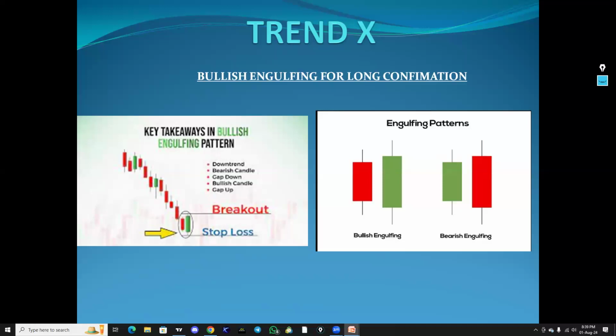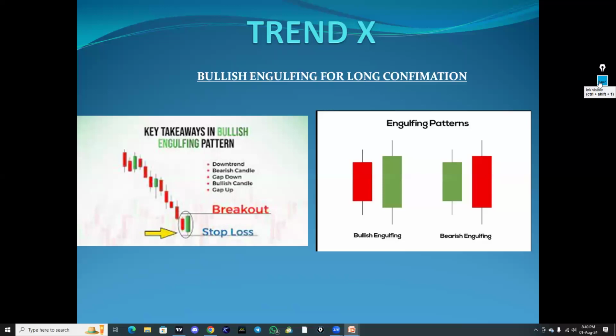When I say long confirmation, long positions, you have to remember, when candles are above weekly trend X, we are looking for long positions from daily S1 or above daily trend X. If you are new here, if this is your first training, then you should see the previous video which we uploaded yesterday. If you want to understand trend X again, tomorrow we have one more session about trend X. I'll show you in that.